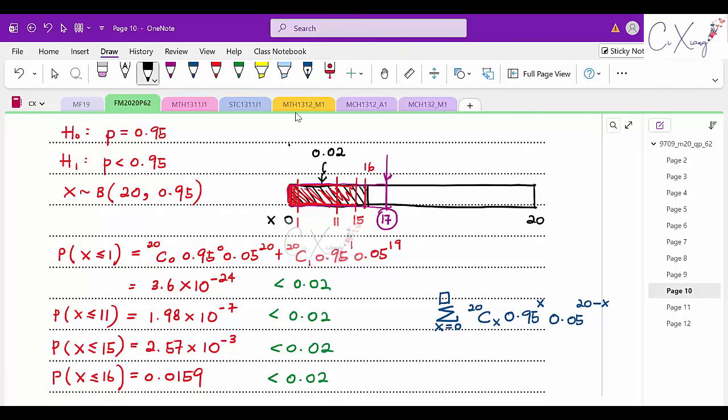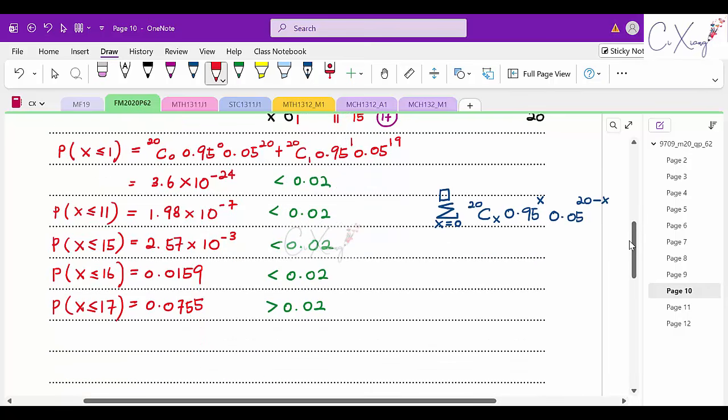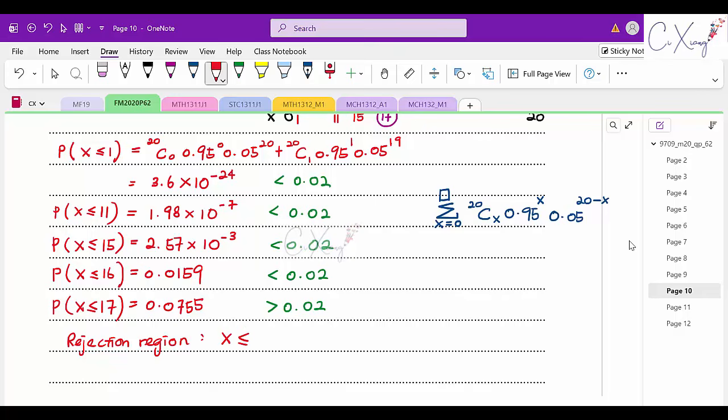So what does it mean here? From here you can see that x from 0 until 16 are all under the rejection region, and from 17 until 20, all of them fall under the acceptance region. So from this diagram, you can state clearly that your rejection region is basically x smaller equals to 16.